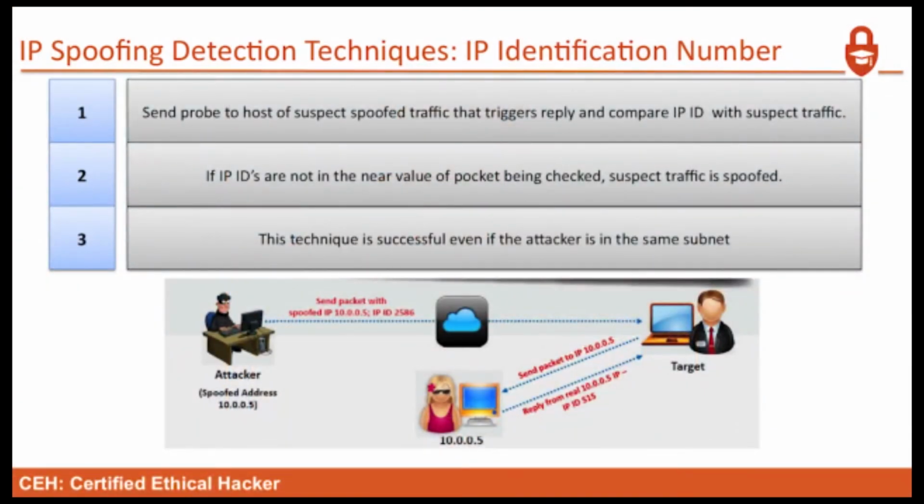So IP spoofing detection techniques, IP identification number. Send a probe to a host of suspect spoof traffic that triggers a reply and compare the IPIDs with the suspect traffic. So here's another way. You can look at the IPIDs and see if they're even close. If the IPIDs are not near the value of the packet being checked, the suspect traffic is spoofed. They should be close.